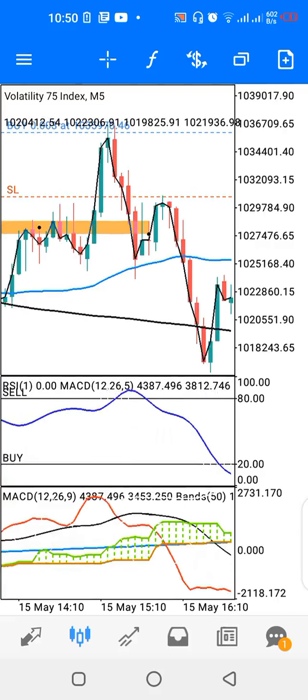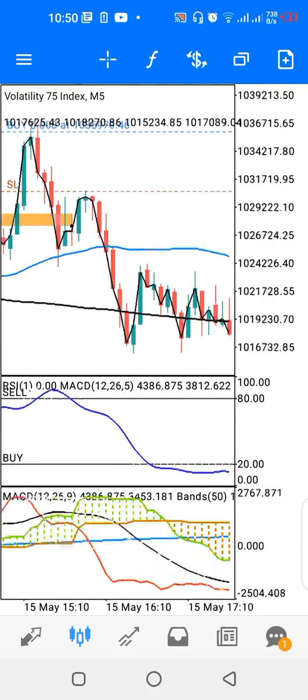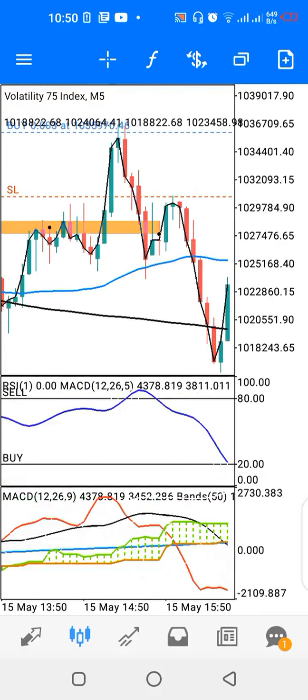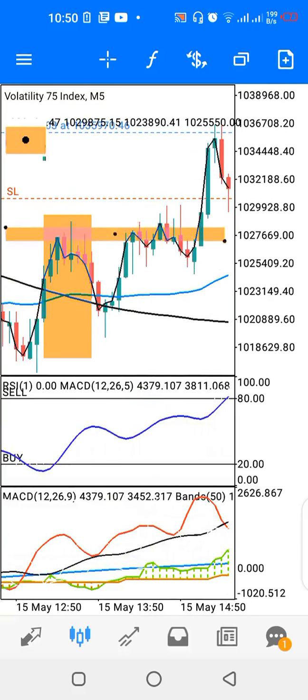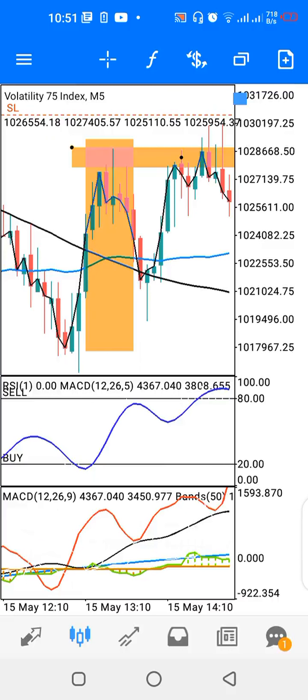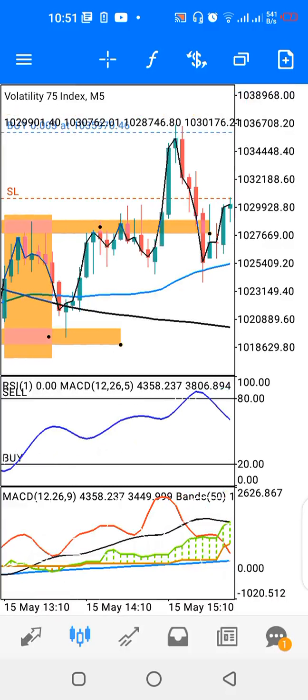So if you bought around there, of course, you have drawdown. If you place your buy trade around here, now this is the low. Your low is somewhere around here. So your stop loss should be somewhere around there.